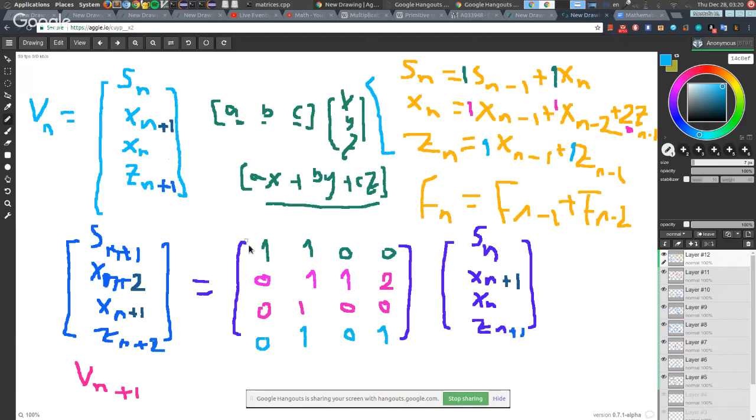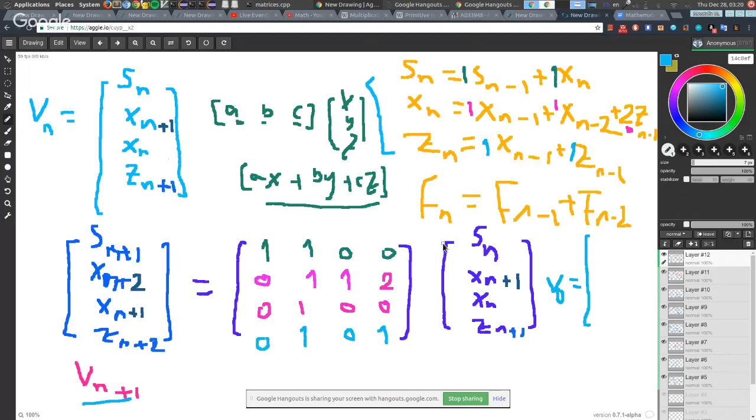Basically, when we have this matrix and we take it to the nth power, we can compute this vector. It only remains to know, in our case, the v0. This v0 is the only part where we still need the Fibonacci, because we need to know the base case.